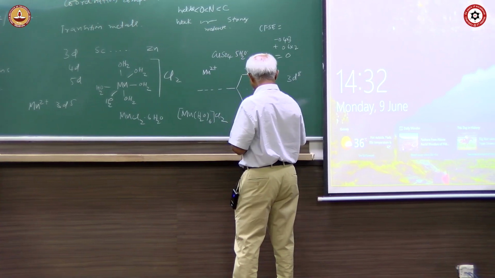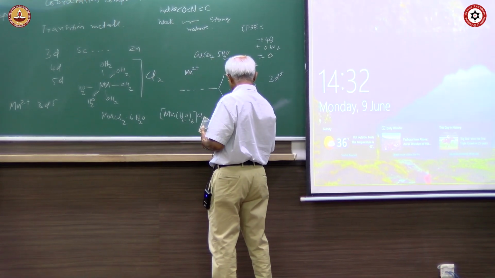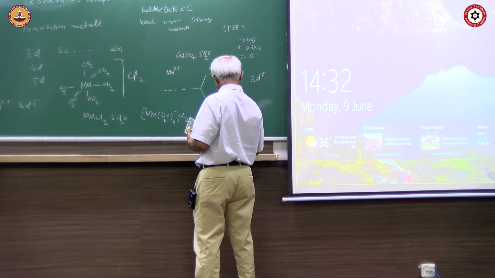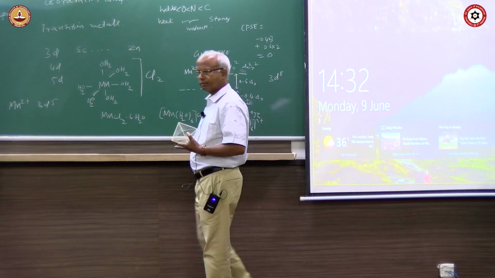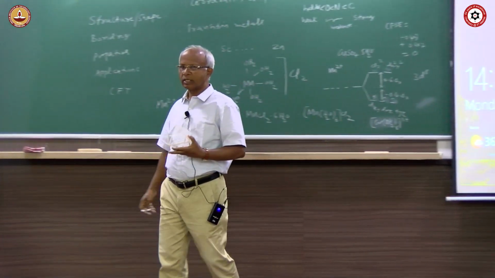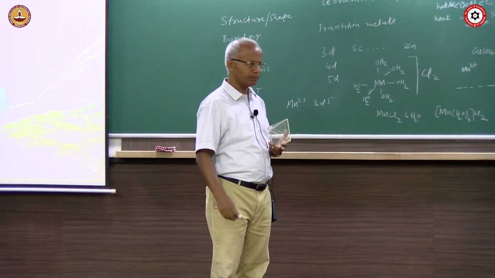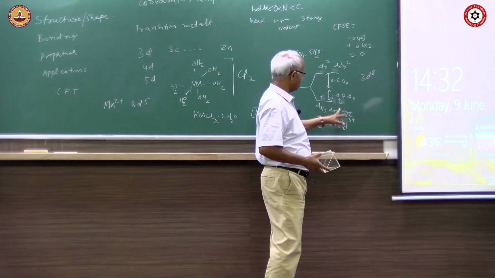This corresponds to chromium 3 hexa aqua complex. You can have other metal complexes also, but this is the more common, very easier for you to understand. Even other ones also you can have. So here in the case of chromium 3, you have 3 electrons and water.